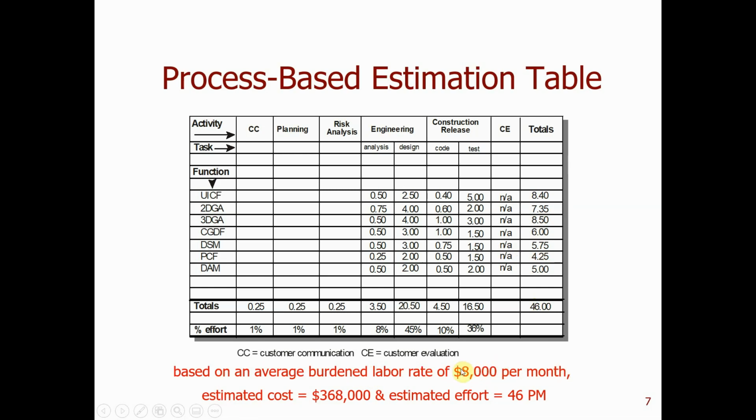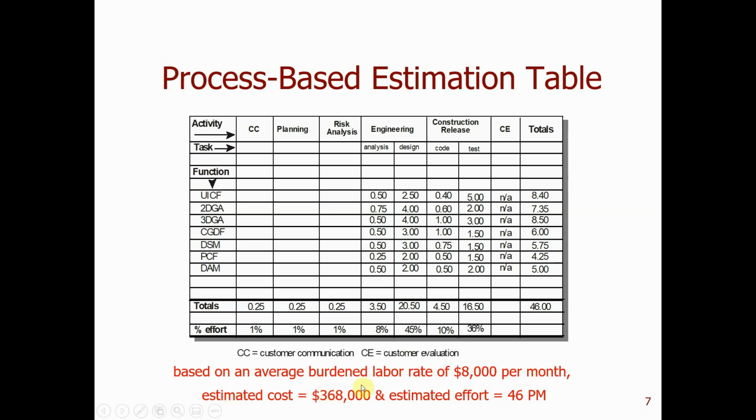If you do the calculation, 8,000 per month means around 2,000 per week. If each week you have 40 hours, then a $50 hourly rate will be around 8,000 per month.